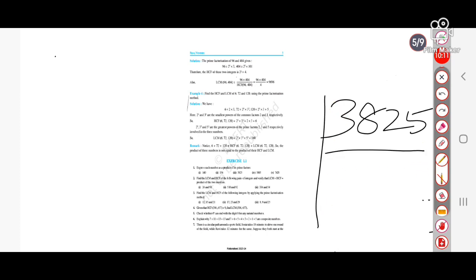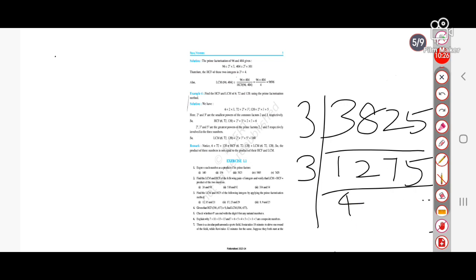So first step, we move with 3, we get 1275. Again we go with 3, we get 425. Again if we divide with 3, we get 1 4, okay, can we move on with 3?